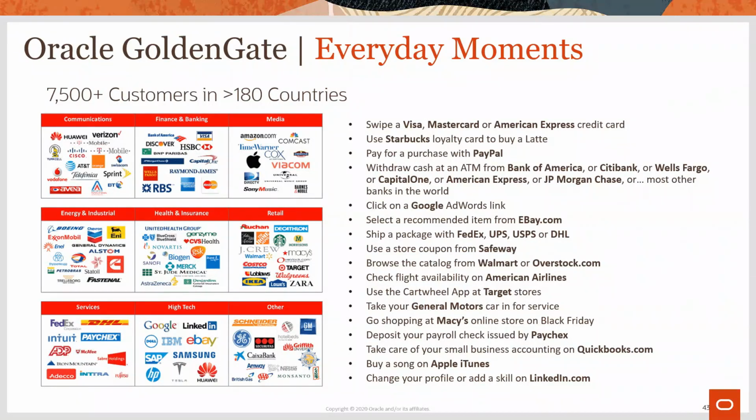And all these name brand businesses that we all know and trust, with everything from our finances to our healthcare to our government systems, can depend on GoldenGate. And that trust in the technology, that trust in the foundation of what GoldenGate brings, is actually the basis for all of those use cases and all of the software development that we do around GoldenGate here at Oracle.